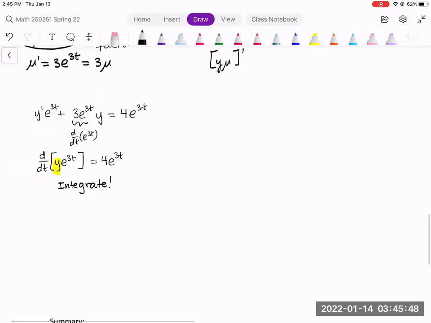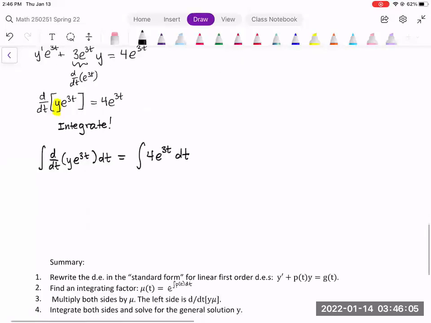Okay, so we can integrate the derivative of y e to the 3t. That one is easy because the integral just undoes that derivative. And this gives us y e to the 3t on the left-hand side.